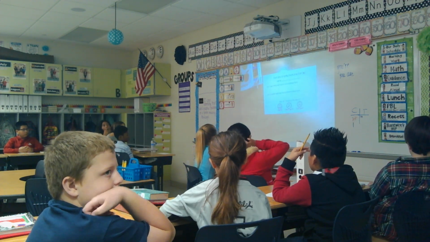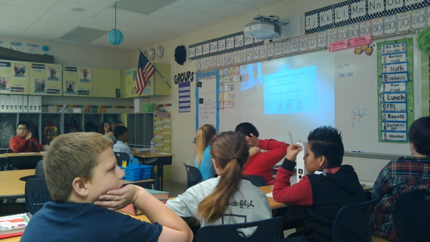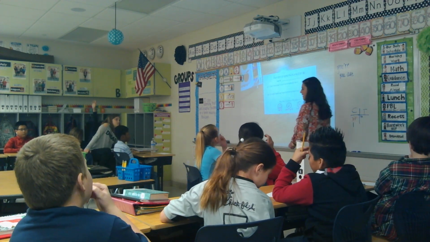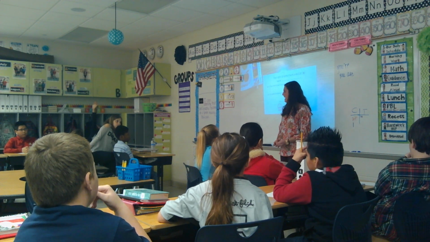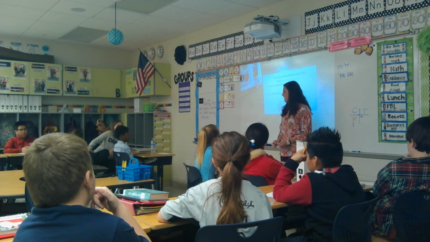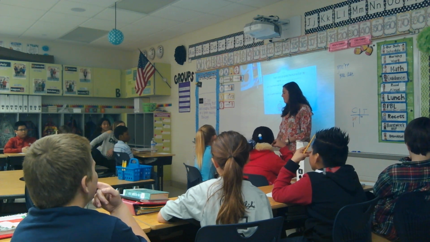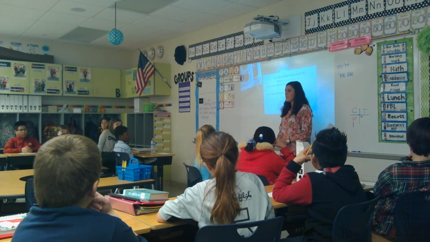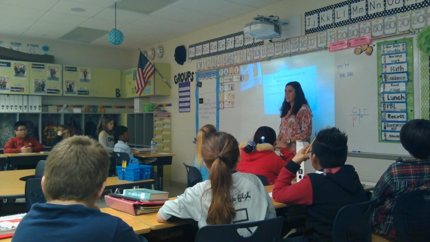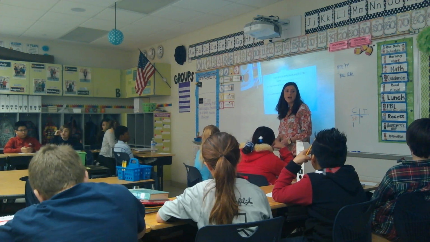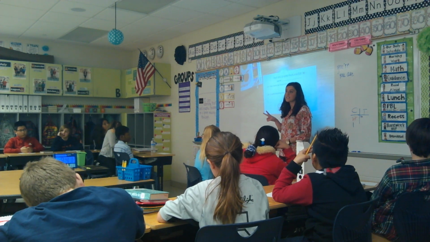Now, when we think of that word graphic, what does graphic mean? If something is a graphic, what is it? Jaden? Kind of like text related. It might be. When we think graphic, it's those picture text features. Okay, so keep that in mind for that second question.